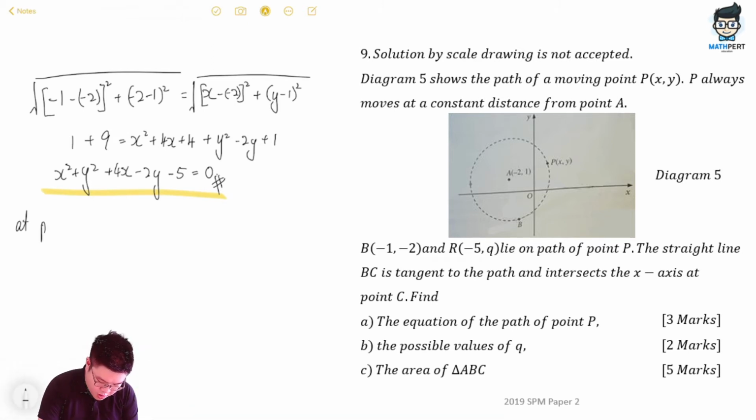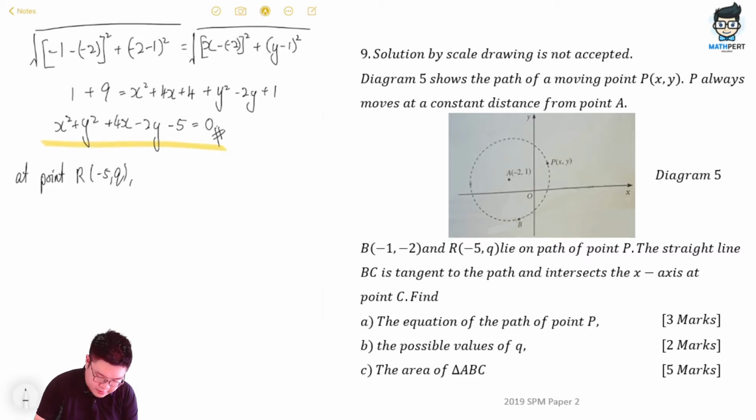At point R, (-5, Q), we substitute into it and we get (-5) squared plus Q squared plus 4 times (-5) minus 2Q minus 5 equals 0.